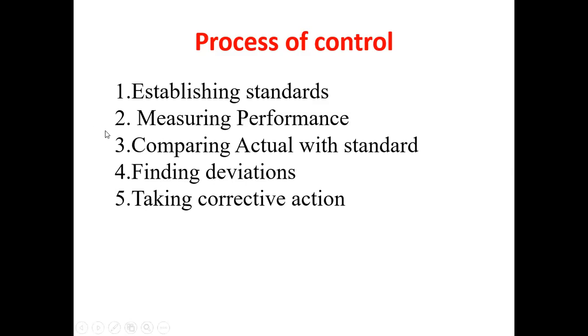Next, comparing actual with standard performance. Comparison of actual performance with the planned targets is very important. Deviation can be defined as the gap between actual performance and the planned targets. The fourth one is finding deviations. What is finding deviations?